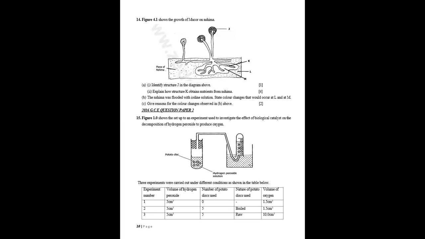These enzymes hydrolyze the Shima into glucose as the end product, and the structure K absorbs this end product. Okay, so that's for part A2. And the structure K is the rhizoid, not the stolon. This is the stolon.